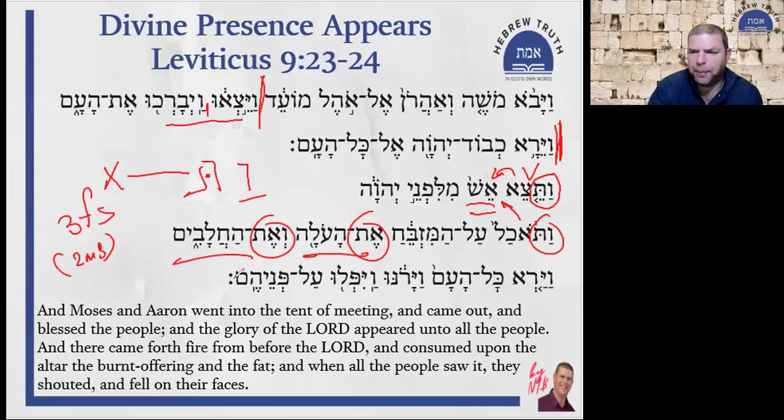By the way, Betsy, I didn't get around to writing you an email with an answer to what you said, but now that I see the word chalavim, it reminds me that you asked about the inward parts.